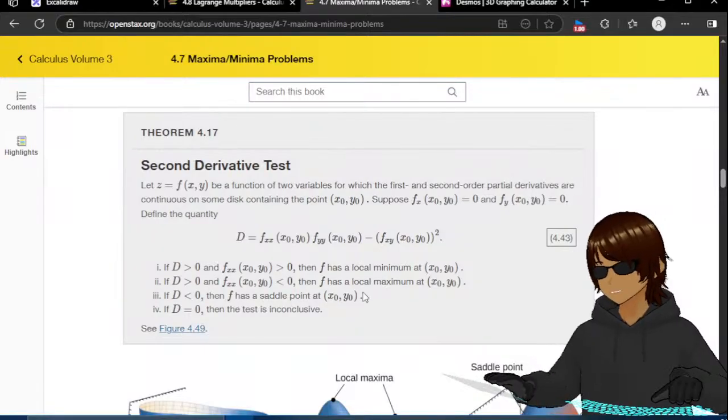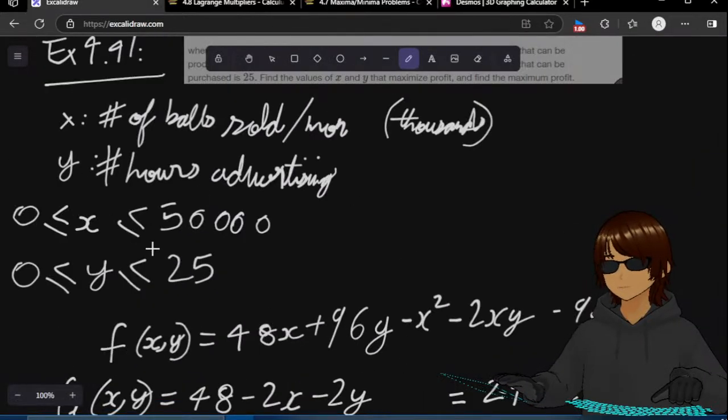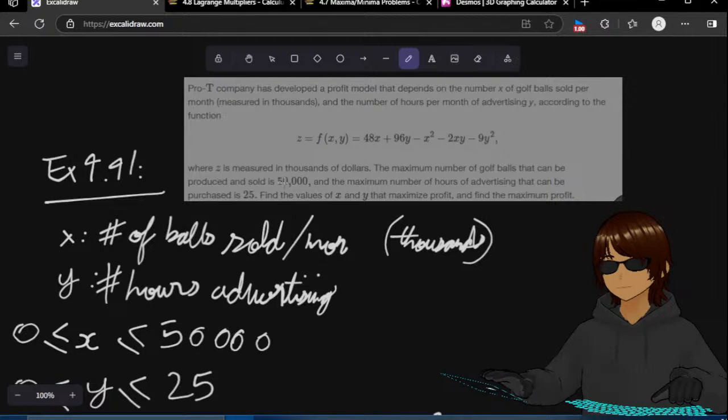So we need to collect all the critical points. So in between we have 3 and 21, which is within the boundary. Number x cost per sold per month measured in thousand. So 3000 and 21.